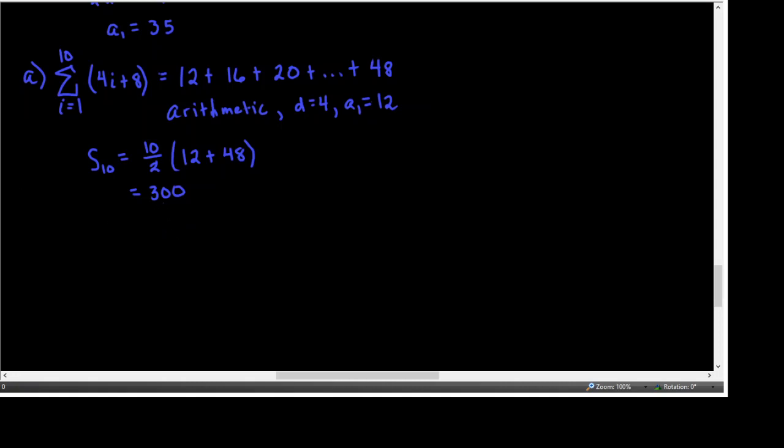Now let's move to the next example, B. It's asking us for 9 times the sum from k equals 3 to 10 of 4 minus 3k.